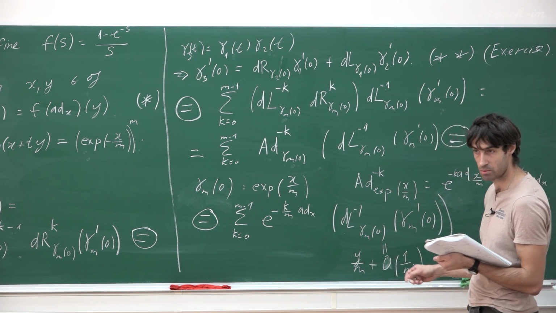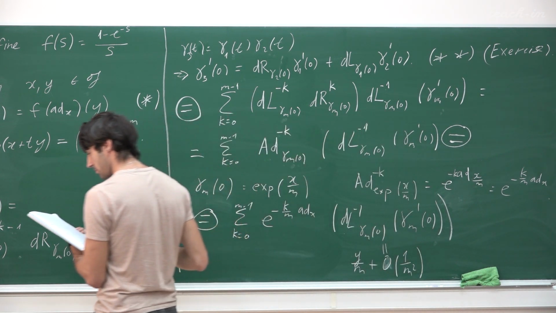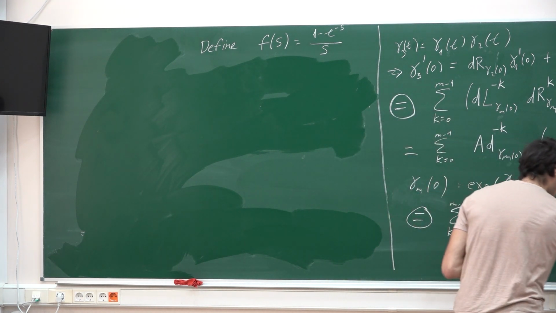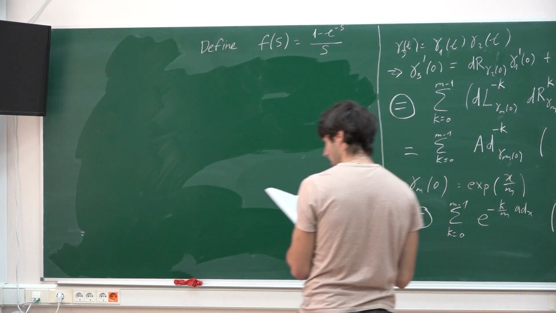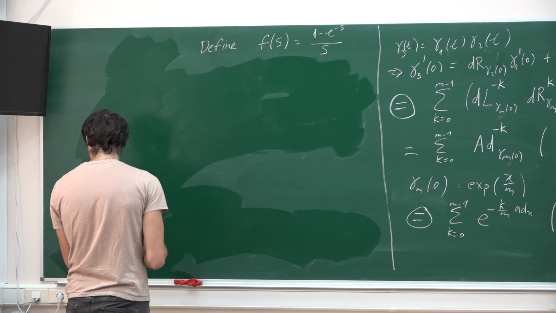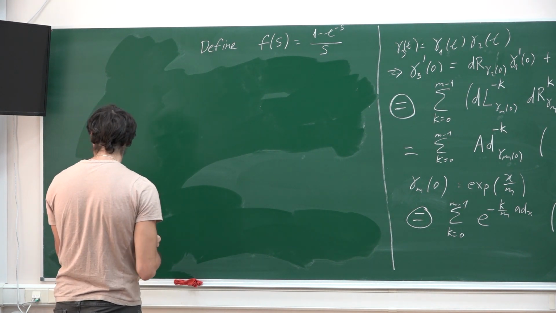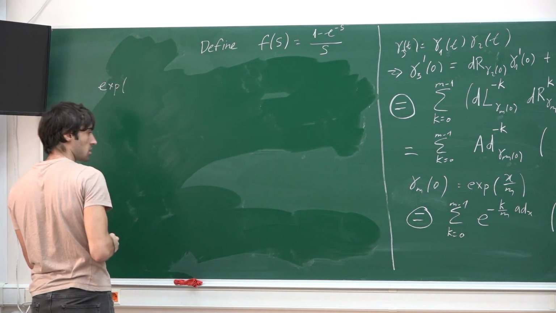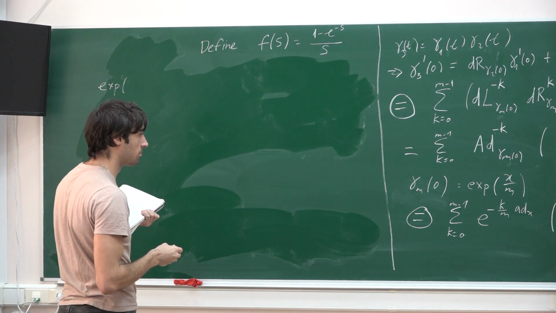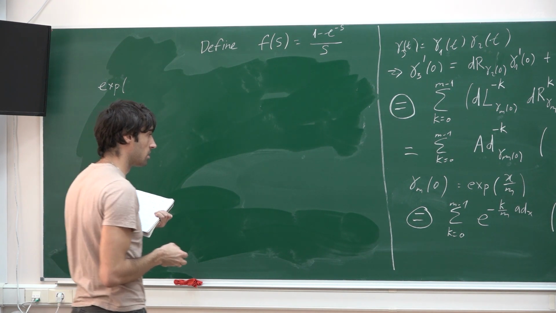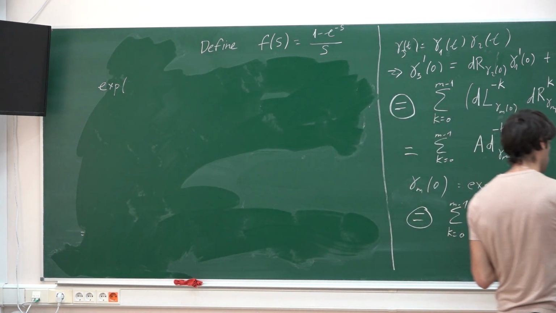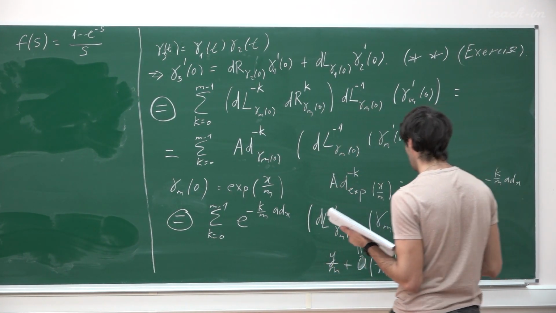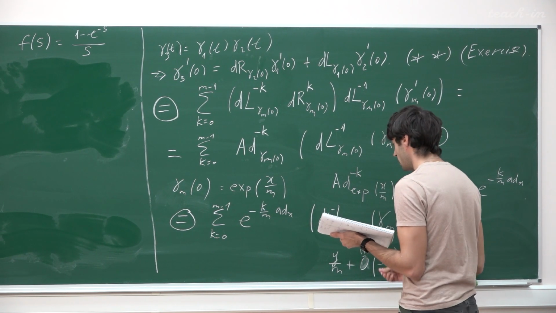Okay, so this is what I claim. Let's see why that is true. So we're checking this. I need to consider exp, right? What was gamma m prime of 0.